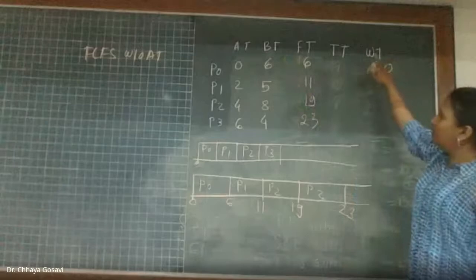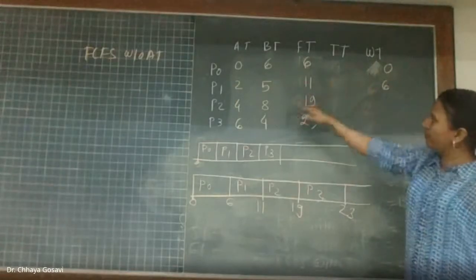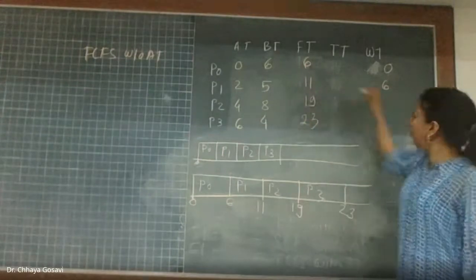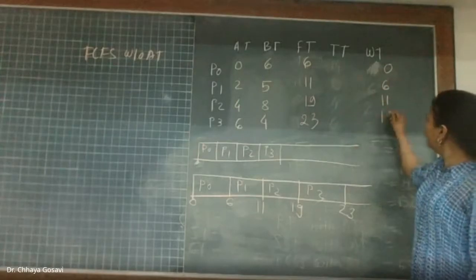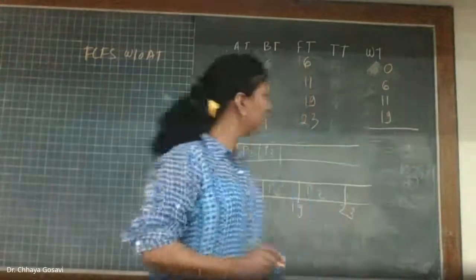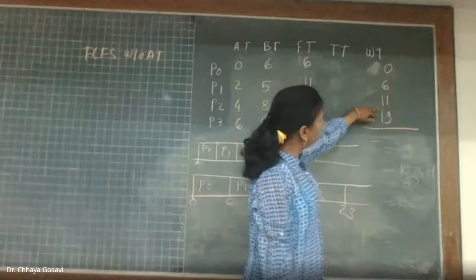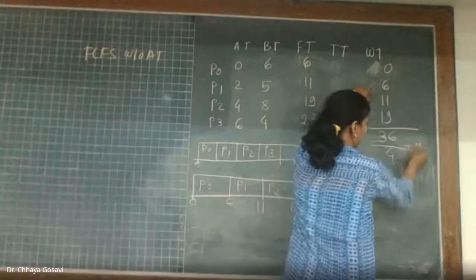So for P0 it is 0. For P1 it is 6, 11 minus 5. For P2 it is 19 minus 8, that is 11. And for P3 it is 19. So calculate average wait time: 19 plus 11, 30. 30 plus 6, 36. Divided by 4, which is 9.